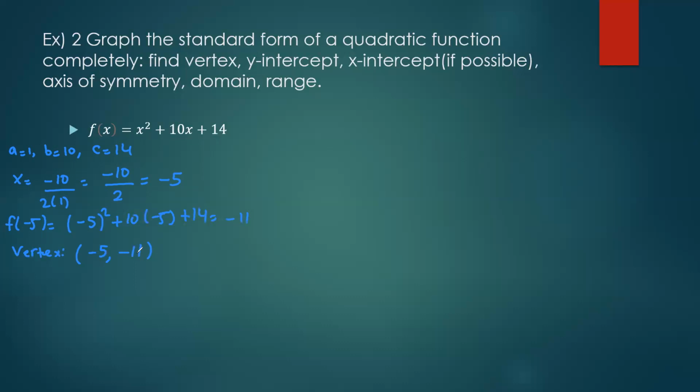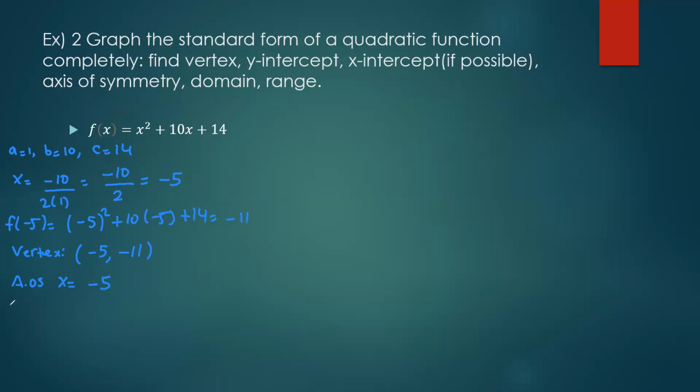Okay, let me confirm it with Desmos. -5 and -11. Perfect. And then my axis of symmetry, AOS, is x equals the x value of the vertex, which is -5.